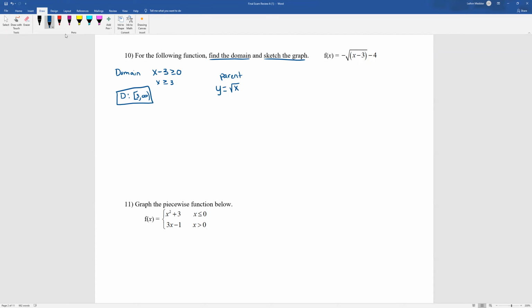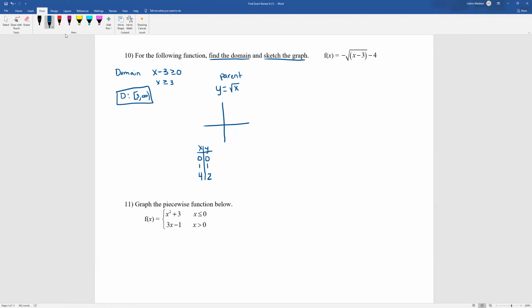So what we normally would do first is to do a little graph using our key points for the square root of x. And if you don't remember those, you can always make yourself a little table, again, making sure you're careful with domain here. You can't plug in a negative number. So we'll have 0, and let's do another perfect square, 1 and 4. That should be sufficient for graphing this. So square root of 0 is 0, square root of 1 is 1, square root of 4 is 2.